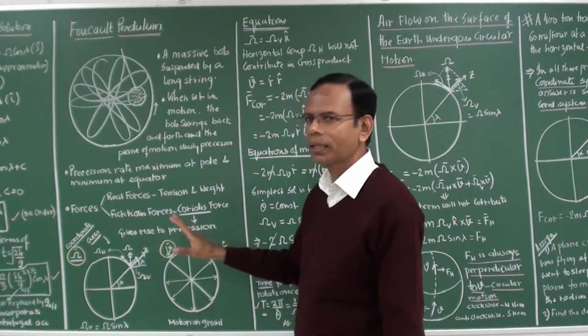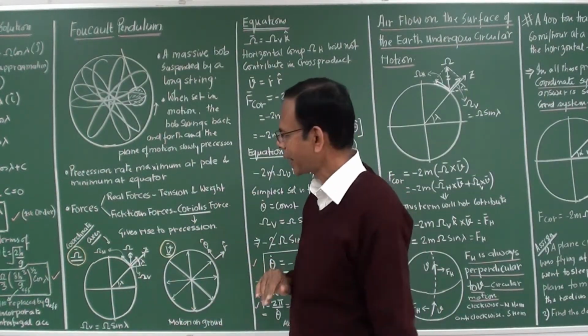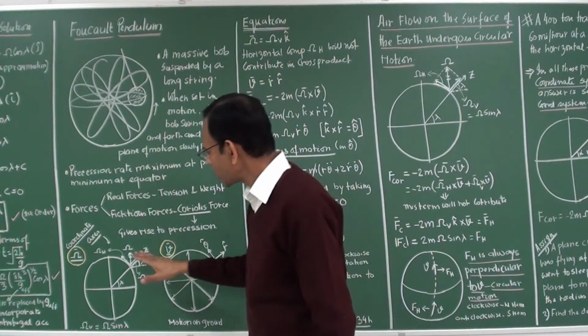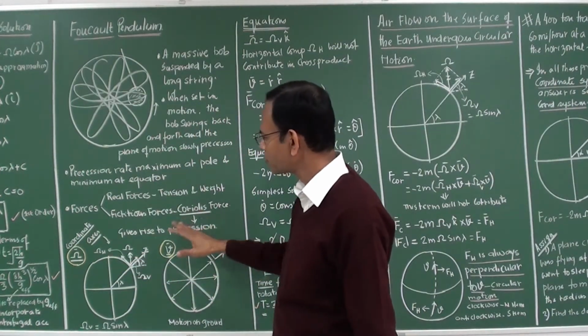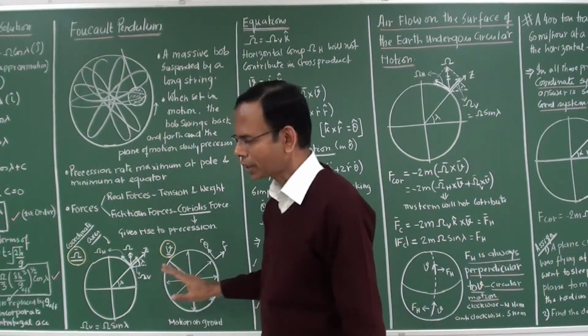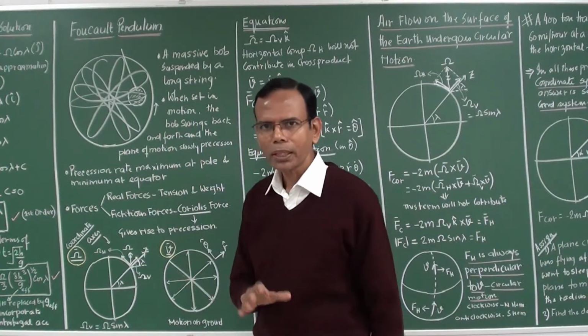First of all, again the coordinate system and the axis. So let us see how is our omega and how is our v, because Coriolis force means omega cross v. So we have to choose a coordinate system.